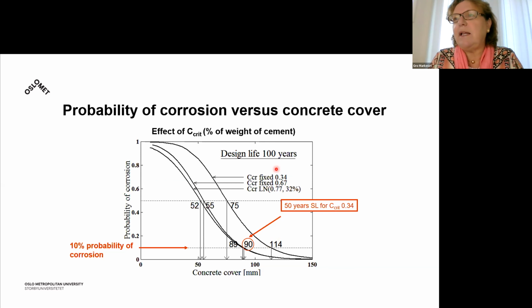And for this low value of critical chloride content, this line here, you need 140 millimeter. But as you remember, from the last picture, with this 90 millimeter you achieve 50 years service life for 0.34. So this result shows that the value used for the critical chloride content is very sensitive for the obtained service life or for the needed concrete cover.